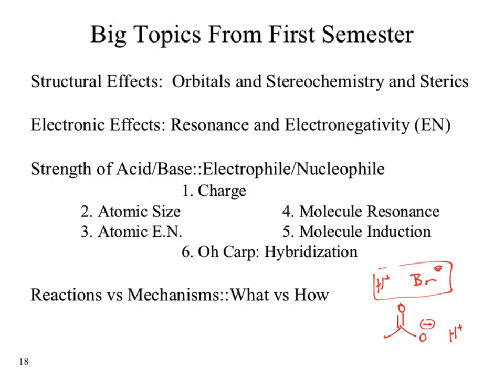Bromide has a large space for that electron to jump around in, which means it's super happy, which means is it likely to react? No. Which then makes bromide a more stable conjugate base. If it is more stable, HBr is going to be more willing to give up that hydrogen than acetic acid. And we've now applied rule 2 of these.